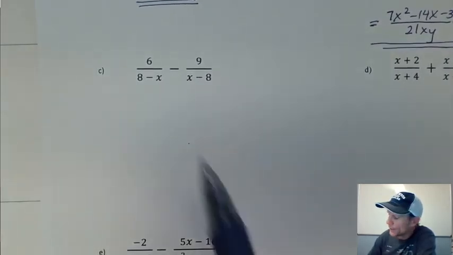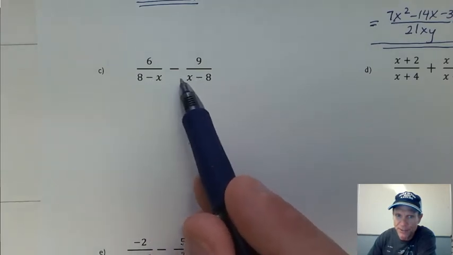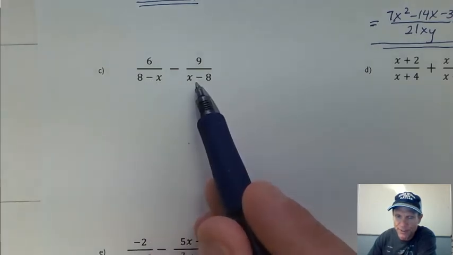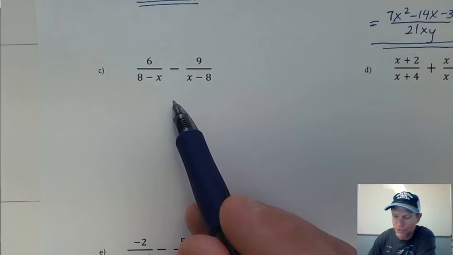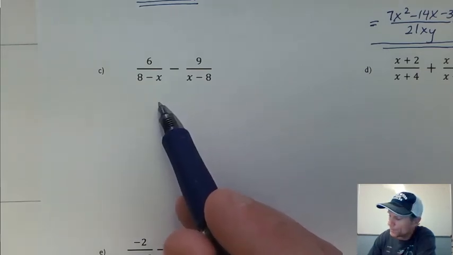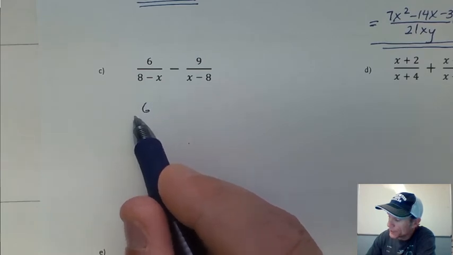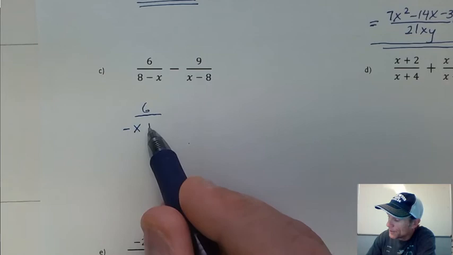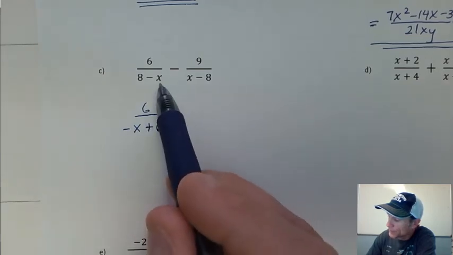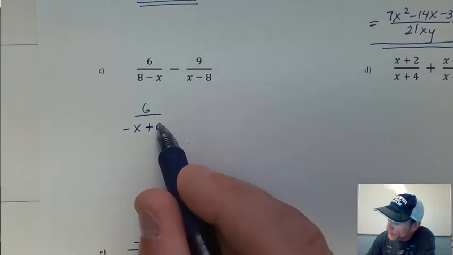So we've got to make the common denominators, and if you're looking at this and you're thinking it has something to do with negative 1, that's a good idea here. A nice way to do this, and you can look at some other videos for other techniques, is to take this first fraction and reverse the denominator, just writing it in a different order. We have the negative x and the positive 8. I wrote 6. I better change that to an 8.